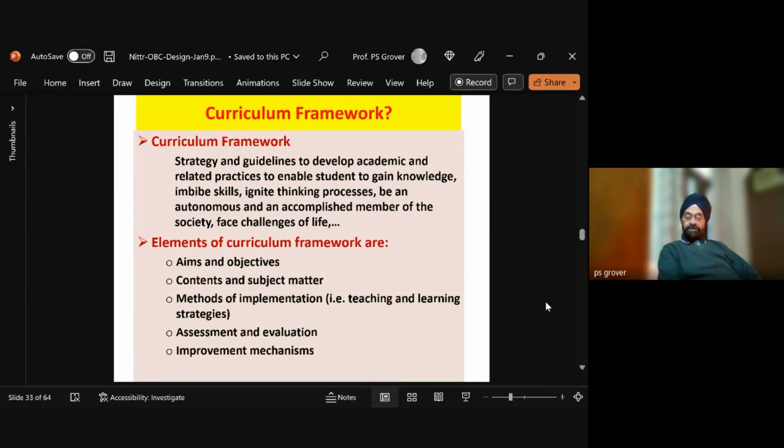So that's how the POs and what we want are embedded into the curriculum. Elements of the curriculum framework are aims and objectives, contents and subject matter, methods of implementation, assessment and evaluation, and improvement mechanism. So this is what we have to ensure in the curriculum that we design.